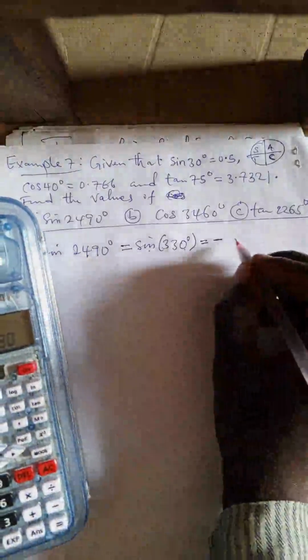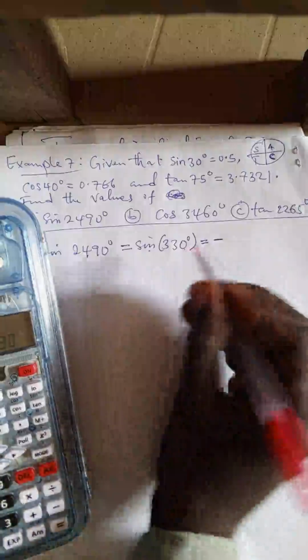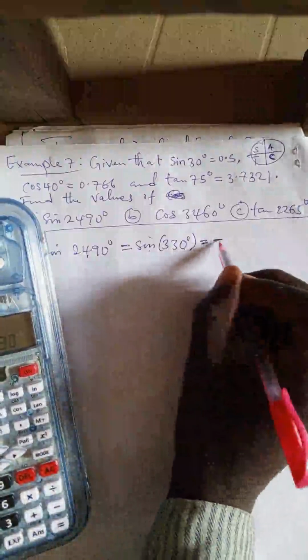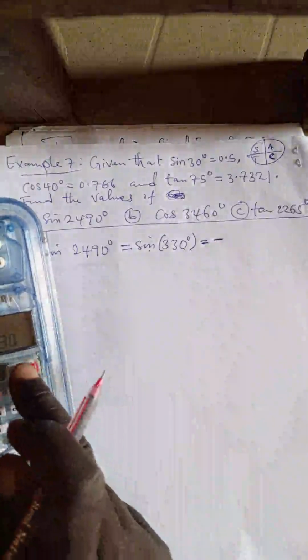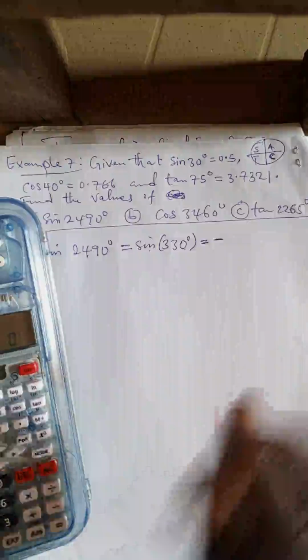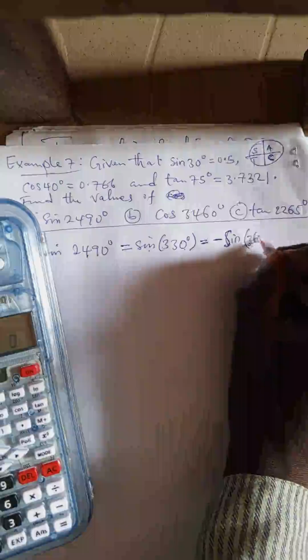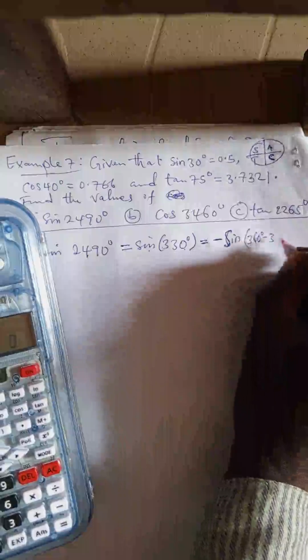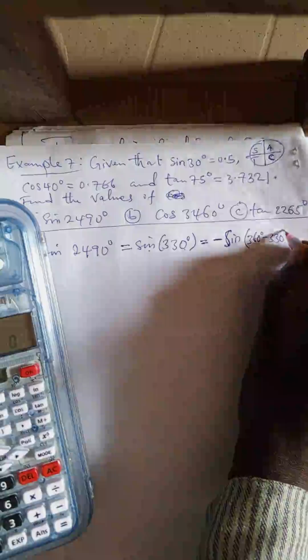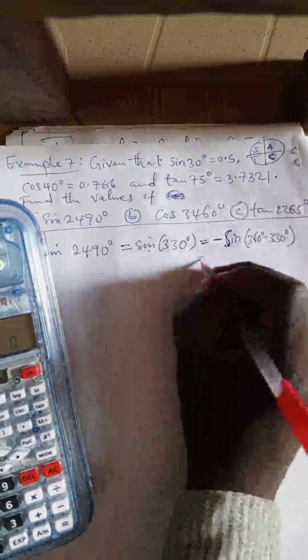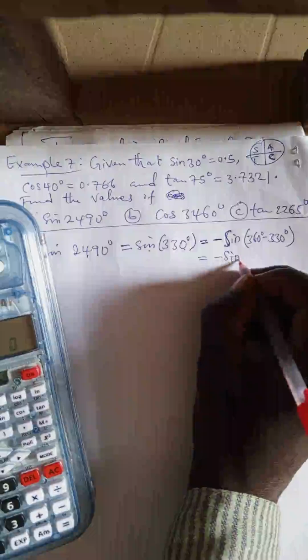So 330, the reference angle. When you find the reference angle, that is when you begin to determine the sine. So what is the reference angle? Because you are in the fourth quadrant, it is 360 degrees minus 330 degrees, and this is equal to minus sine.